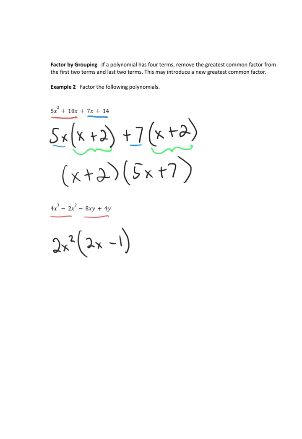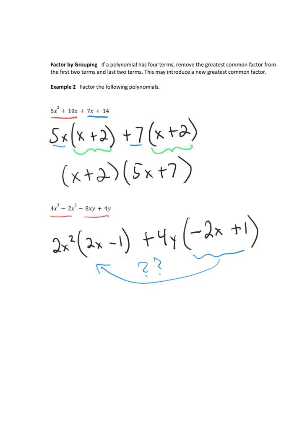Like if I just factor out the 4 and the y, watch what would happen. If I do plus 4y, then you're left with negative 2x plus 1. And you see how that's not quite the same as that, right? Not quite the same. So how could I have done that differently?